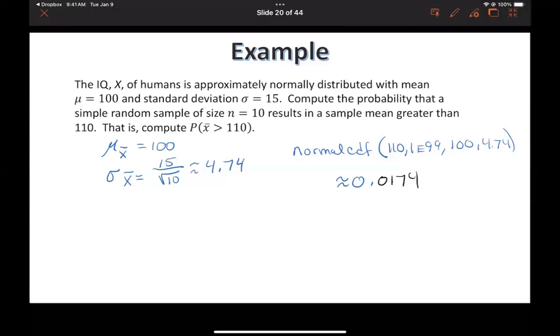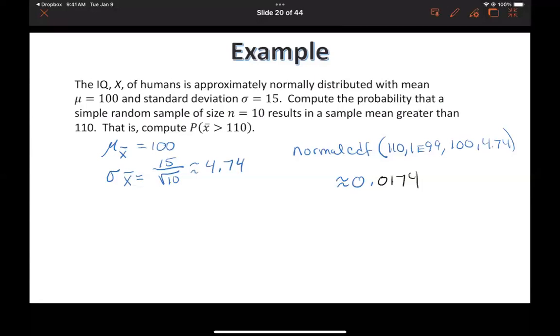Okay, let me do it that way also. Divided by, so you put the math in the calculator, okay, I got 0.0175. Yep, I got the same thing. You're good.